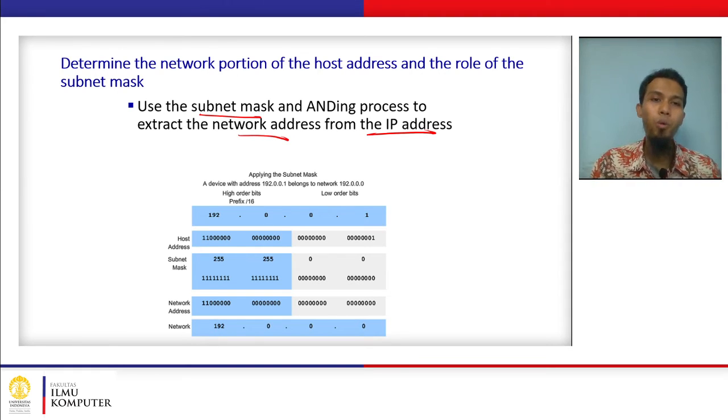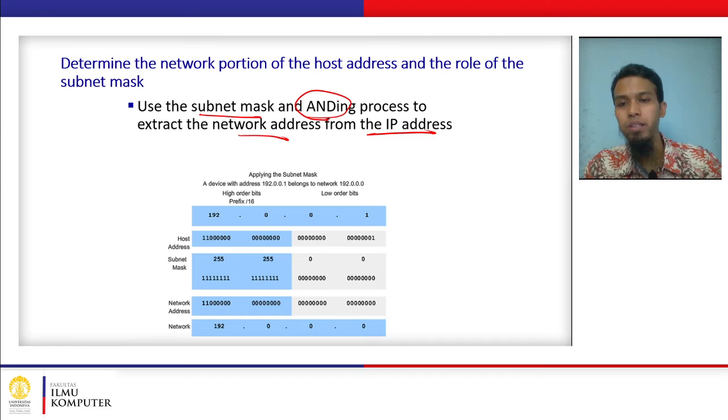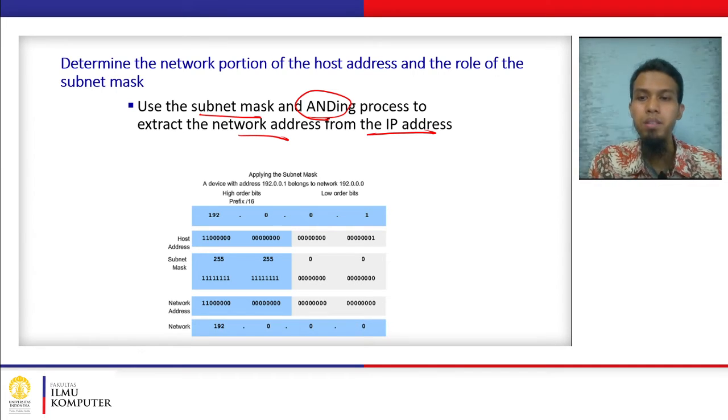The way to extract the network address from the subnet mask and the IP address is by doing the AND operation, a bitwise AND. For example, our host has the IP address 192.0.0.1, and the subnet mask is 255.255.0.0.